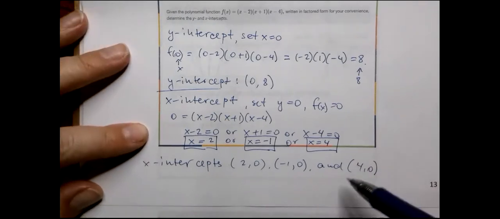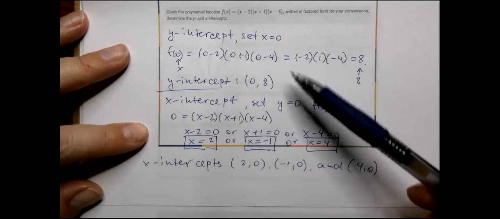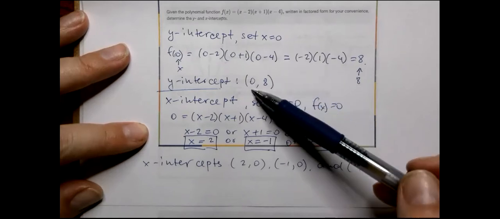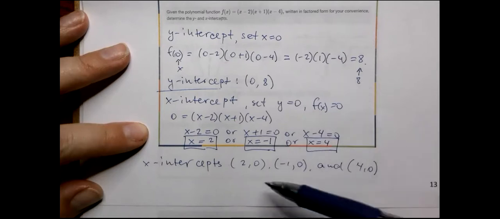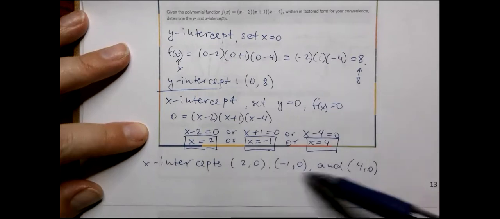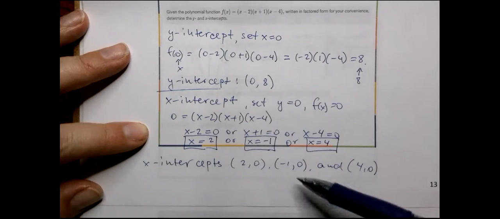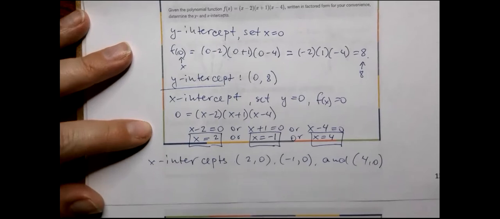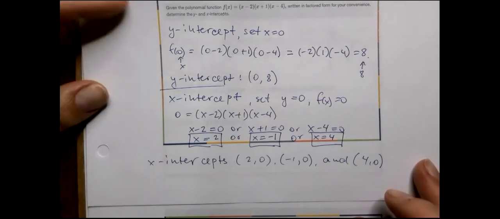So from this, we know that our graph crosses the y-axis once at 0, 8, and it crosses the x-axis 3 times at 2, 0, negative 1, 0, and 4, 0. It probably would be nice to arrange them from smallest to largest, but you don't have to. There is no requirement that says that you have to.